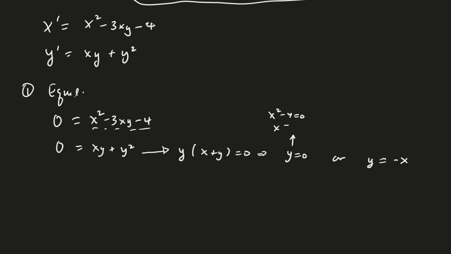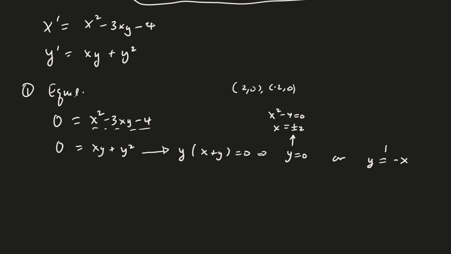And so that means that x is equal to plus or minus 2. Now remember that these come in pairs, so the solutions so far are (2, 0) and (minus 2, 0).